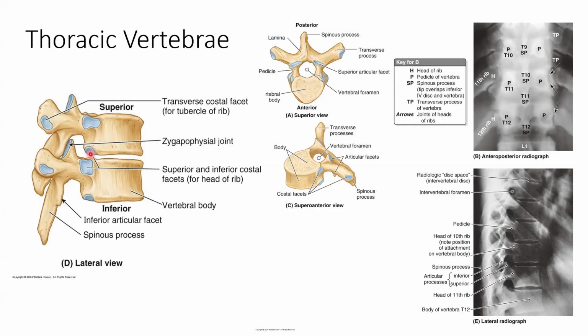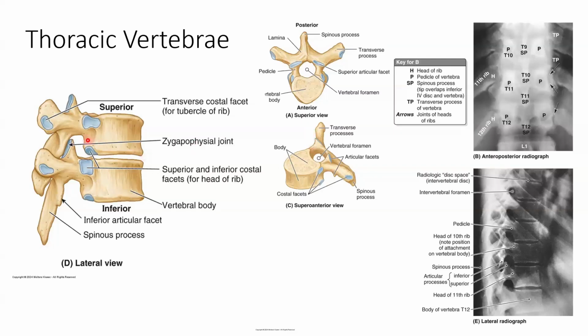And then we have 2 transverse processes. So 1 transverse costal facet on the right transverse process and 1 on the left transverse process. Again, looking at this image, superior and inferior vertebral body facets, and then 1 on the transverse process. Then we'd have the same thing on the other side.